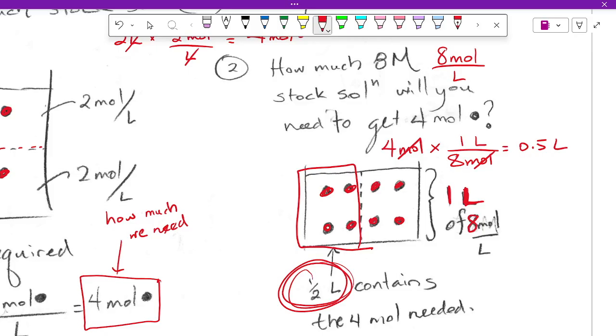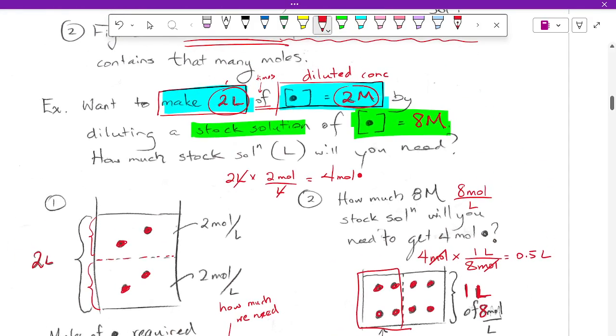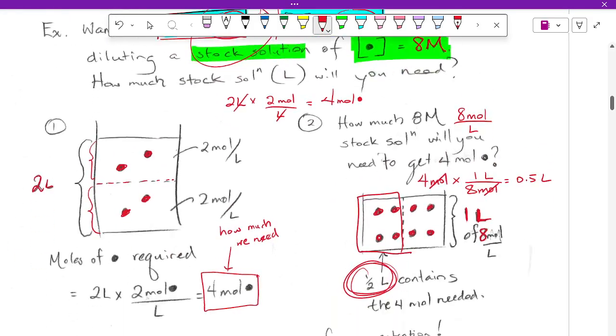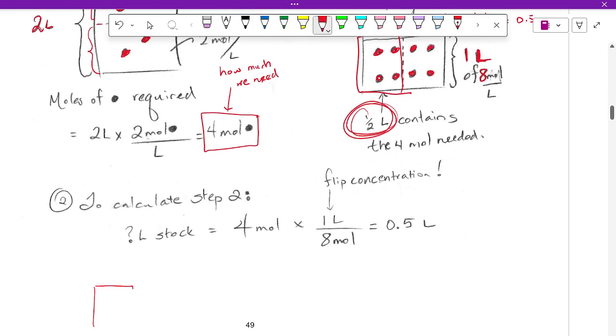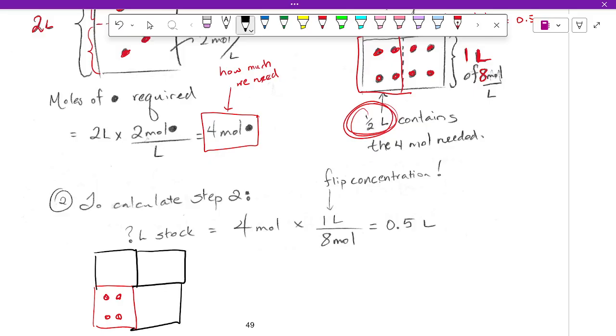So you would take a half liter, and then you would dilute it up to a final volume of 2 liters. So you would take your little half liter there, and you would add 3 liters of water.